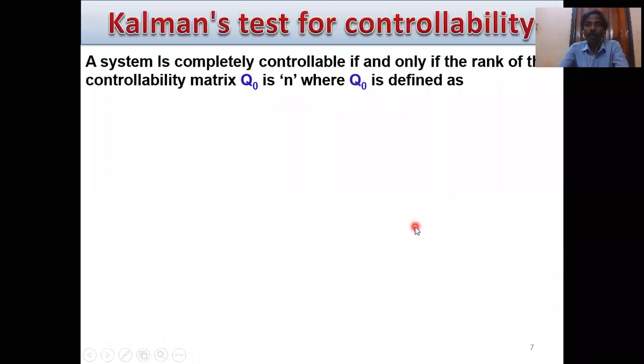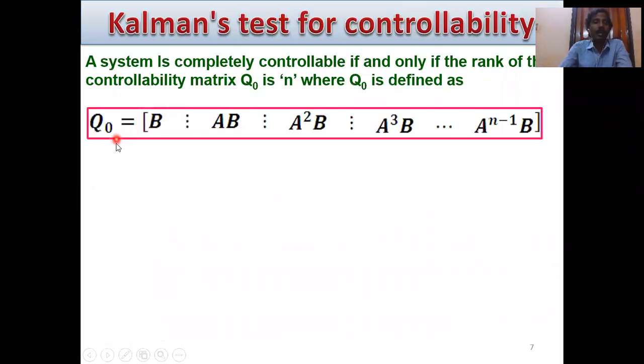Kalman test for controllability. A system is completely controllable if and only if the rank of the controllability matrix Q is n, where Q is defined as Q equals B, AB, A square B, A cube B, dot dot dot, A to the power n minus 1 into B. This is an n cross n matrix.